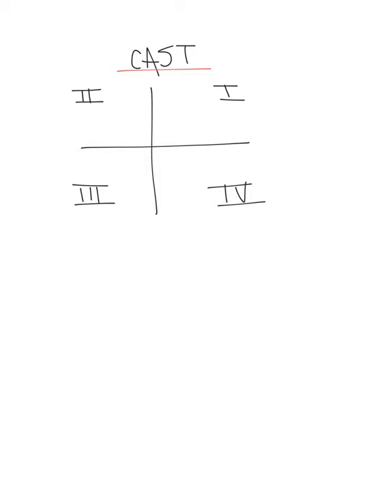It seems a little strange because the CAST rule actually starts in quadrant 4 and goes counterclockwise. That's just something that you're going to have to memorize. What the CAST rule basically tells us is the quadrant that our second answer will be in. Now, all of this will make more sense as we go through examples. So C basically tells us that in this quadrant, anything cos will be positive.